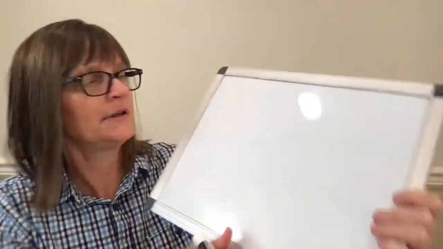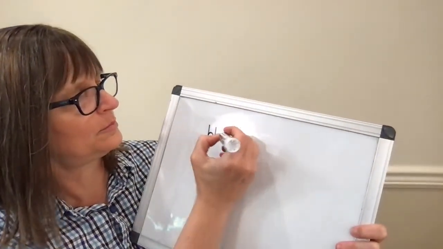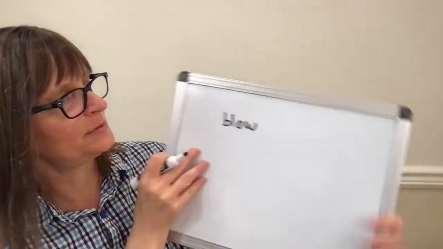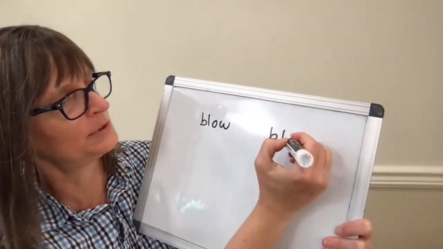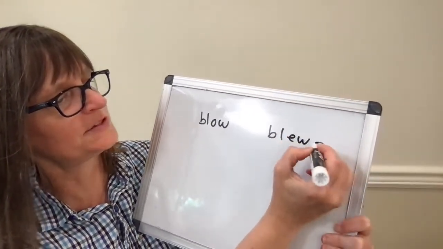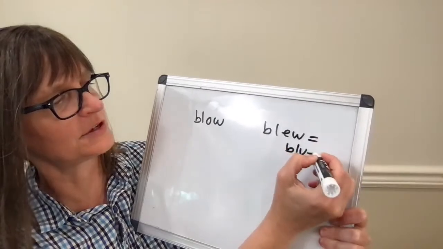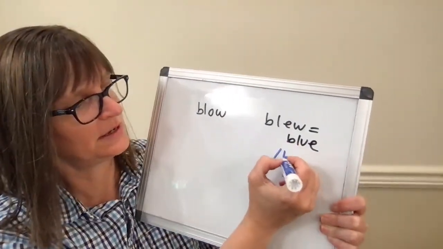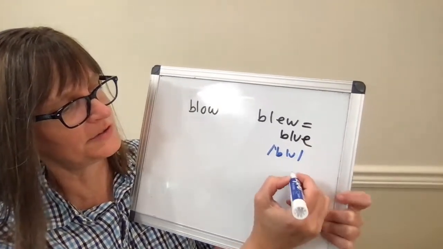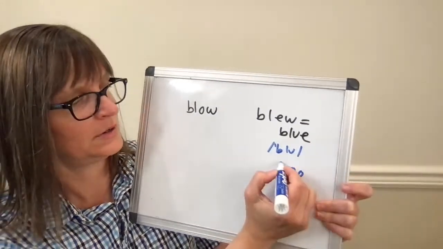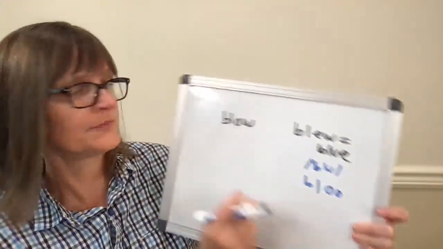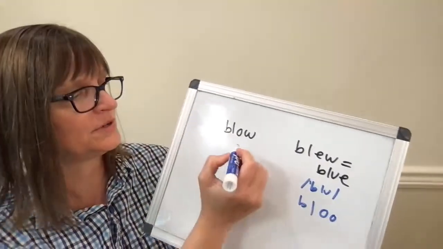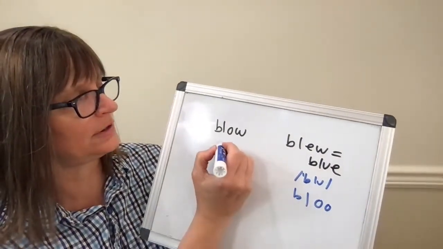Okay, we have a question about blow versus blue. Blow up a balloon, blew up a balloon. This one is the same as the color blue. So you just need an oo vowel. So thinking about oo, blue versus blow, you need the O vowel.